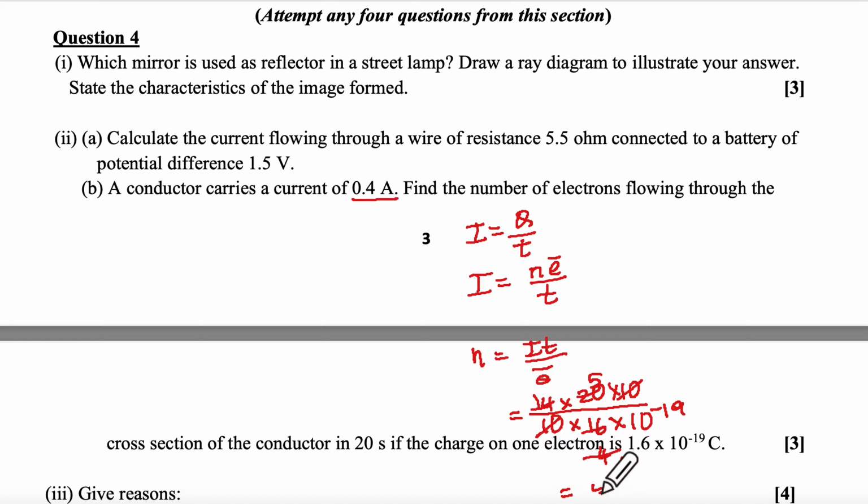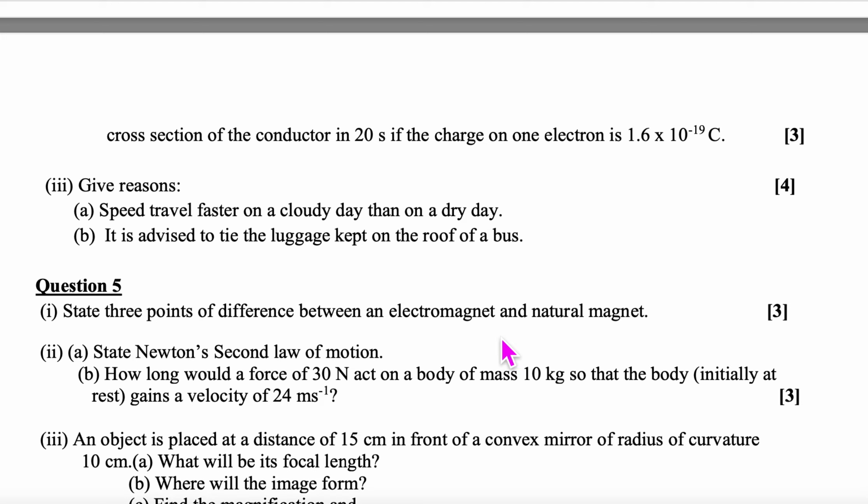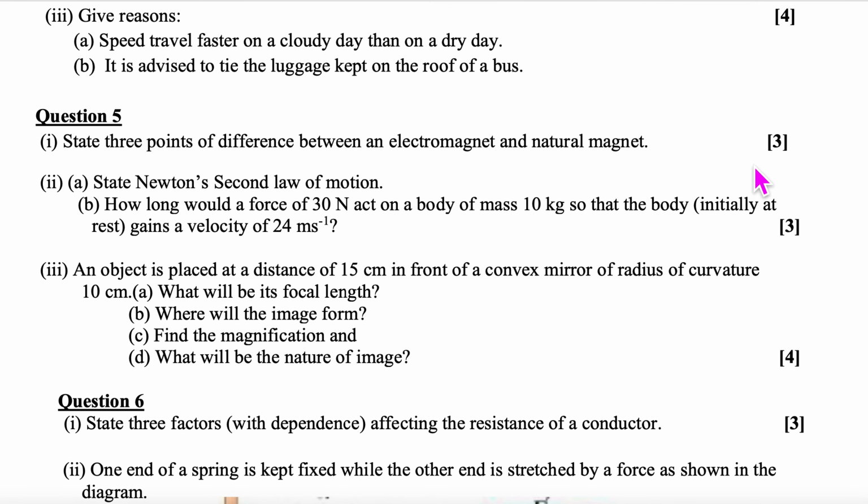So what are we getting? 5 into 10 to the power 19. Those many electrons. Please don't write ampere over it, okay? N is the number of electrons. This was a little irritating calculation, but wasn't so bad. Yes, ma'am. Give reasons.